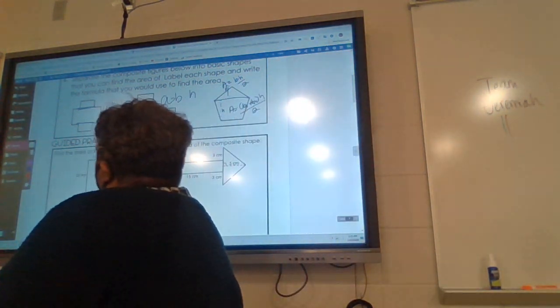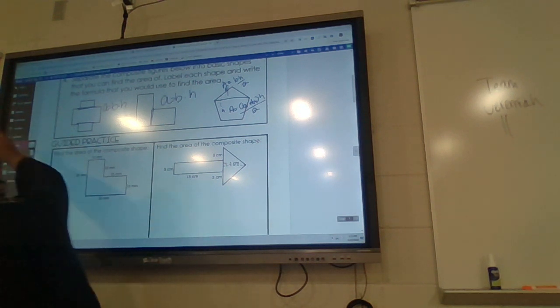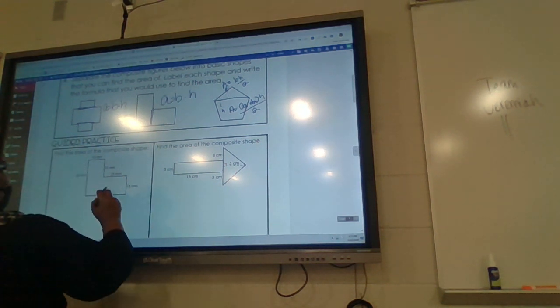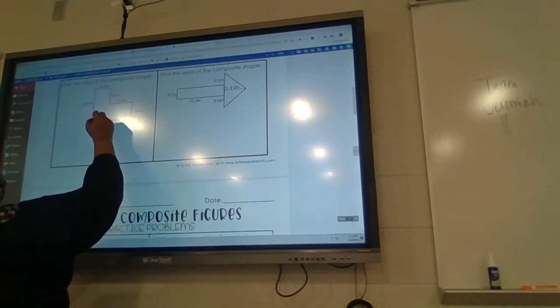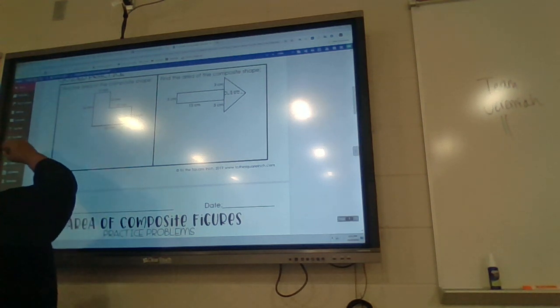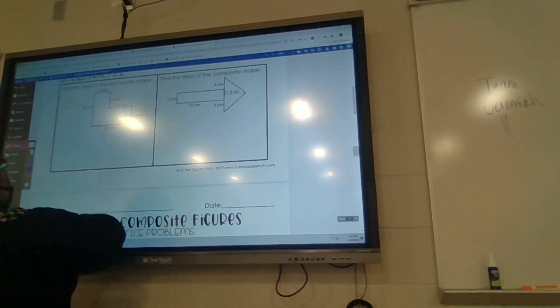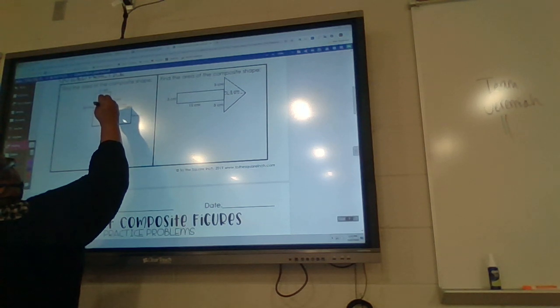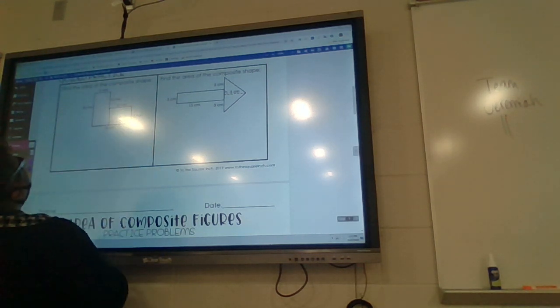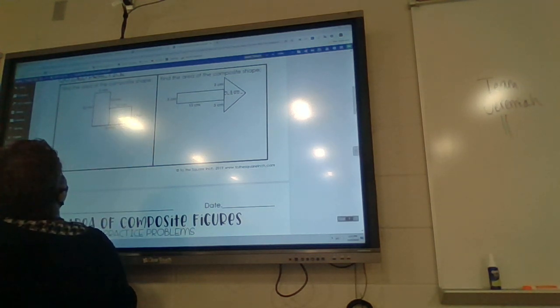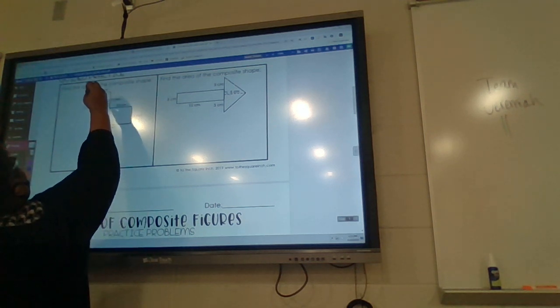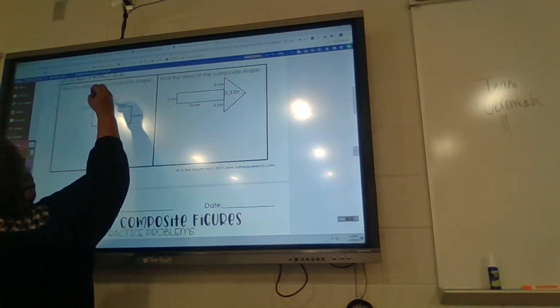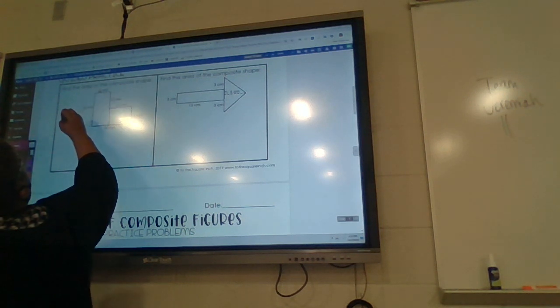All righty. So now let's do some with actual numbers in it. Okay? So I'm gonna do this one, and I'm gonna break it up like this. You want to use as few figures as you can. So this side is 25 and this side is 10. So area is base times height.